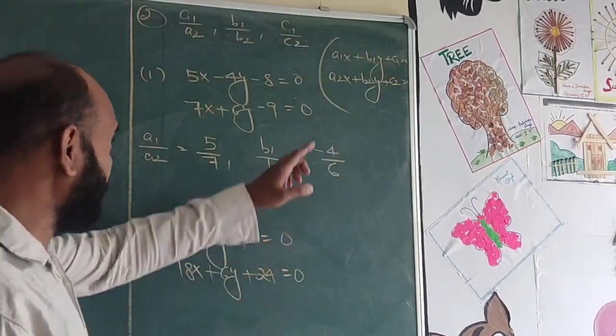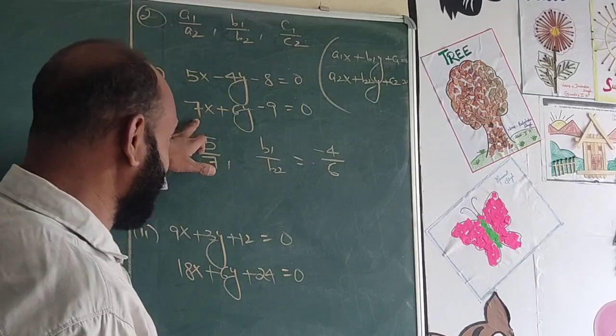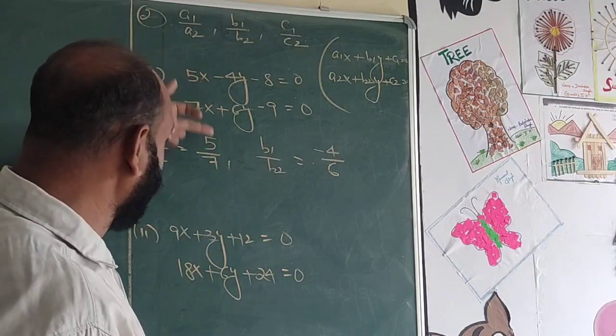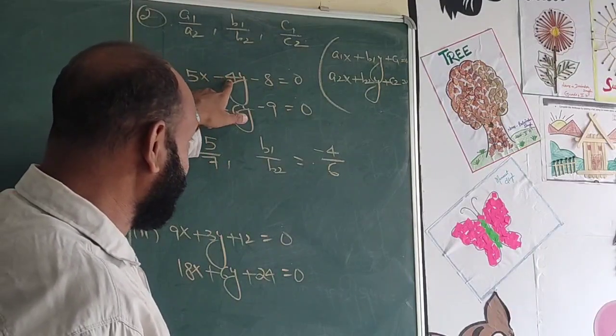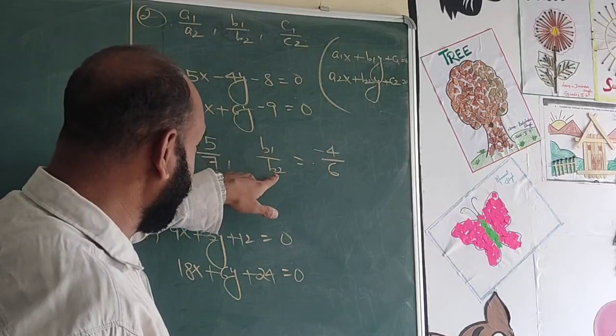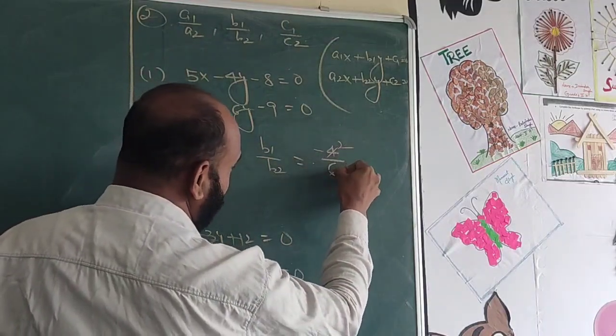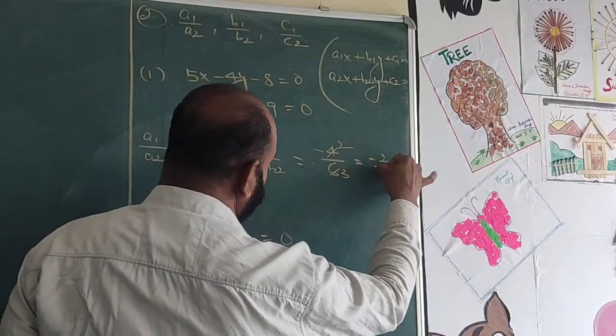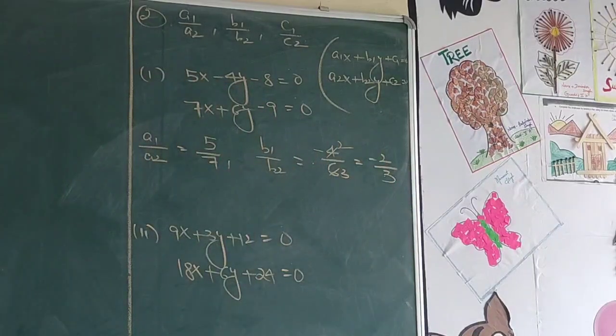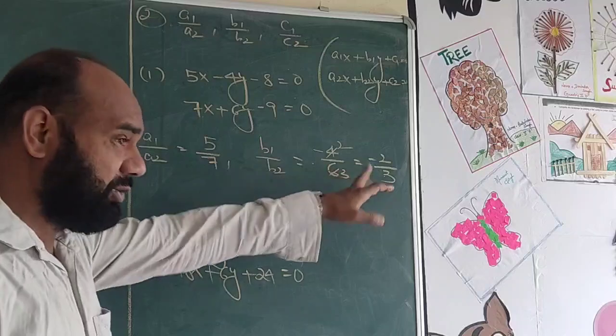Therefore, we observe this is A1 and this is A2, so A1 upon A2 is 5 upon 7, and this is B1, this is B2, and B1 upon B2 is minus 4 upon 6, which after solving is equal to minus 2 by 3.